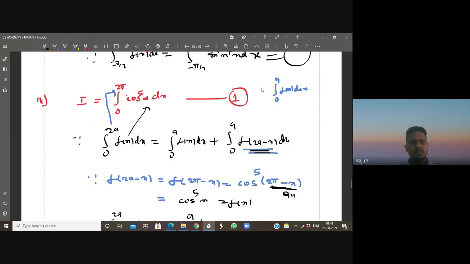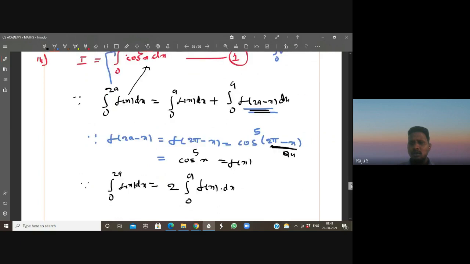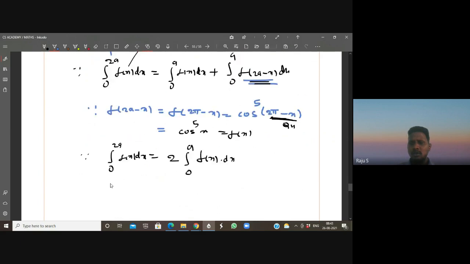The value cannot be changed, so we cannot evaluate. If we get different values, then we can add something, but if we get the same value repeated, there is no use. So with the help of this property, I have written 2 times integral 0 to a f of x dx, because here f of 2a minus x is equal to f of x.